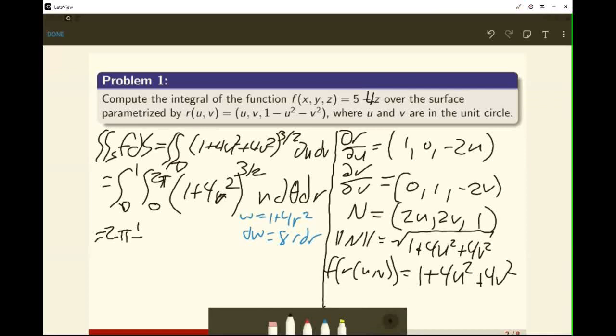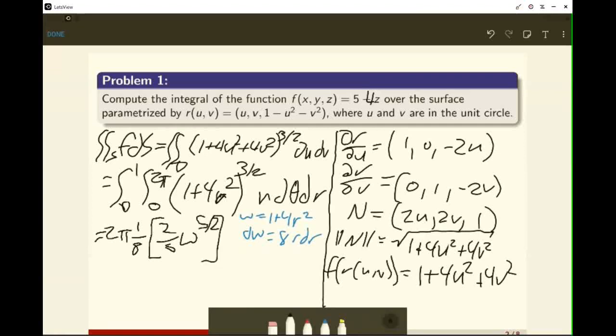We're going to get a factor of 1/8 from the change of variables, and then, since this is w to the 3 halves, the w antiderivative is 2/5 w to the 5/2.